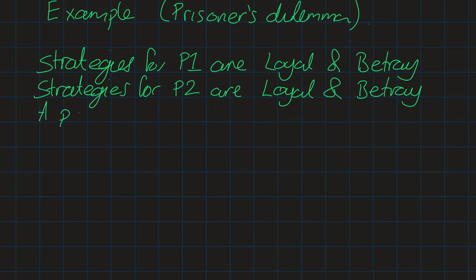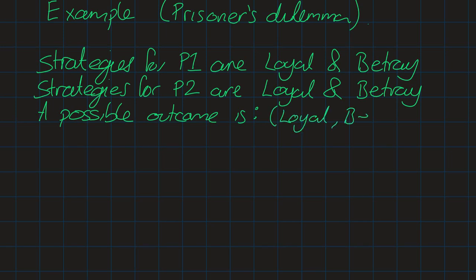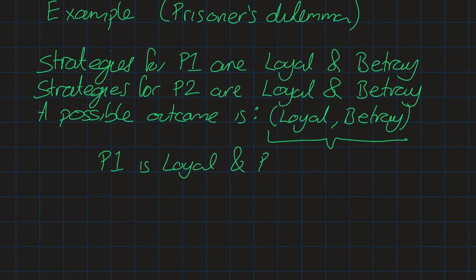A possible outcome is, I could write it as loyal, betray. And what this means is player 1 is loyal and player 2 betrays.